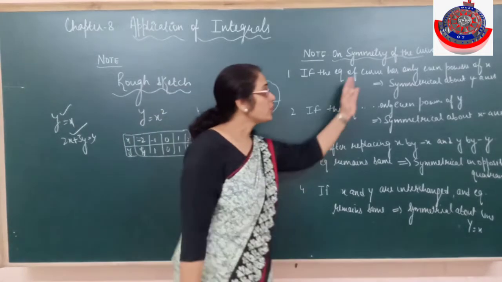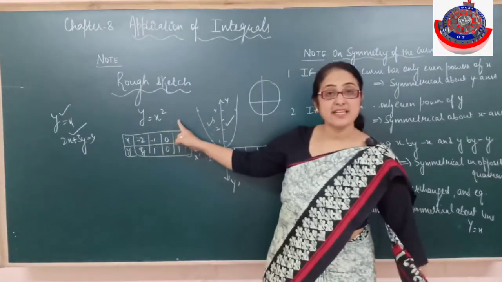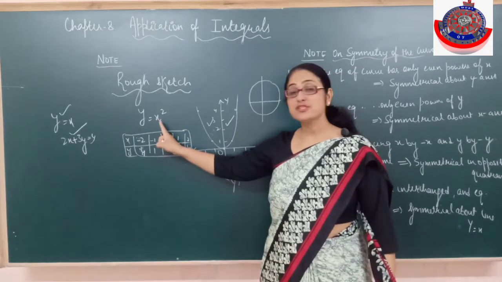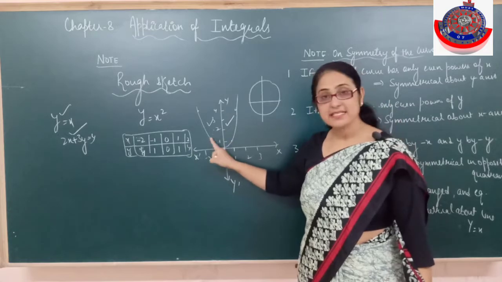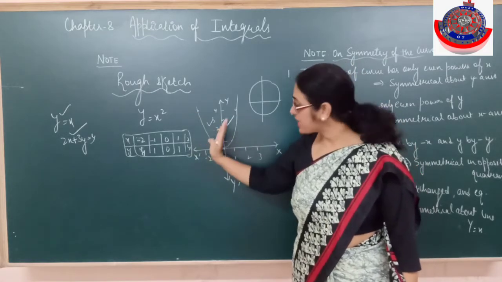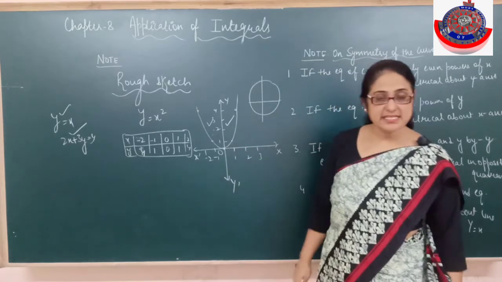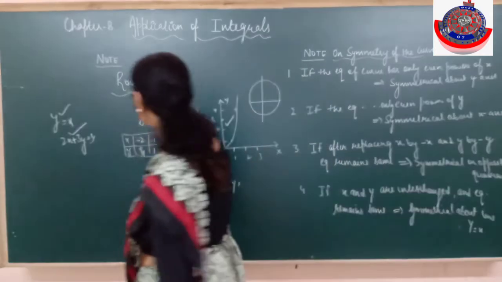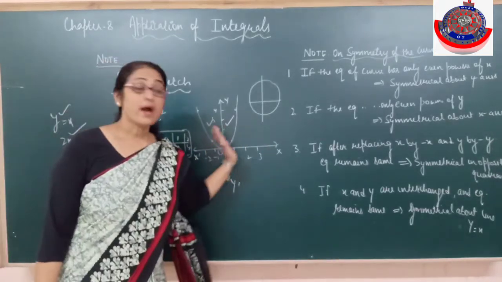So if an equation has only even powers of x, it will be symmetrical about the y-axis. This means whatever area is covered on the left side, the same area will be covered on the right side. Is it clear? If a curve has only even powers of x, it will be symmetrical about the y-axis.